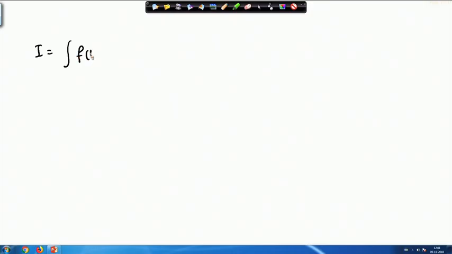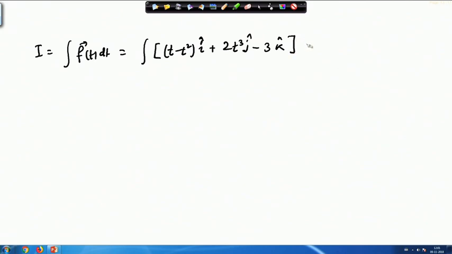So f(t) dt, now we can write f(t) as (t minus t square) i plus 2t cube j minus 3k times dt. When we are doing the integration, like the differentiation, where the differentiation went to each component, in case of the integral as well, the integral will go to each component.